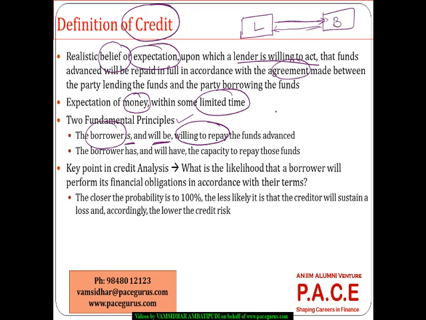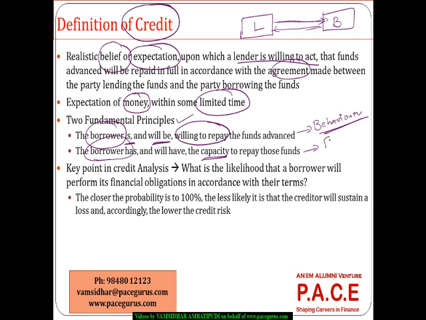So it's like willing. It's something to do with the behavior of the borrower. So the lender is believing that the borrower is willing to pay, the borrower will be willing to pay even in the future. And at the same time, he is also assuming that the borrower has the capacity to repay in the future. And he will have the capacity.